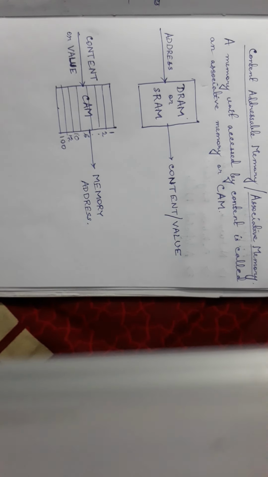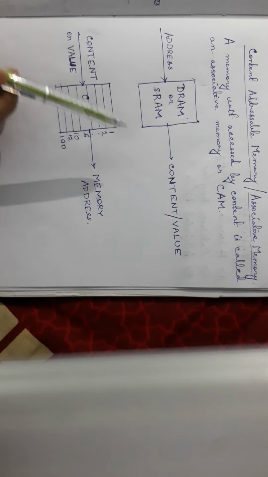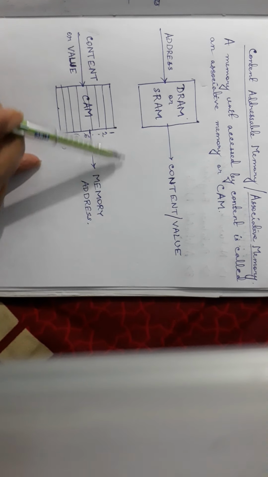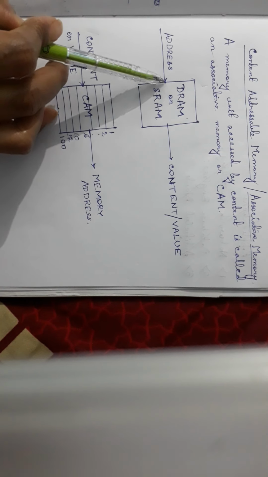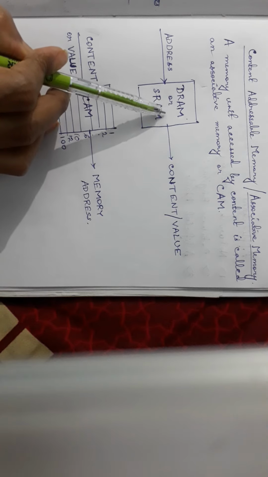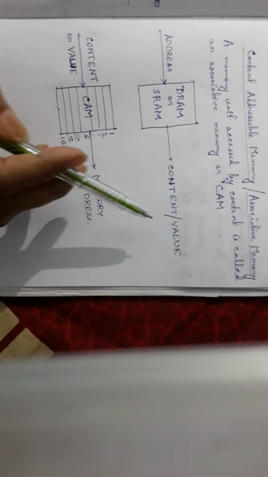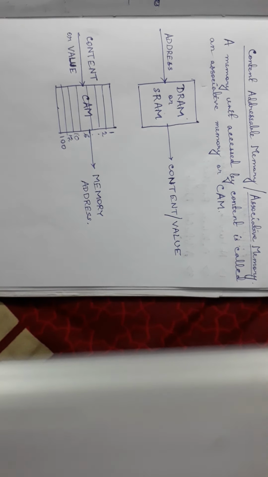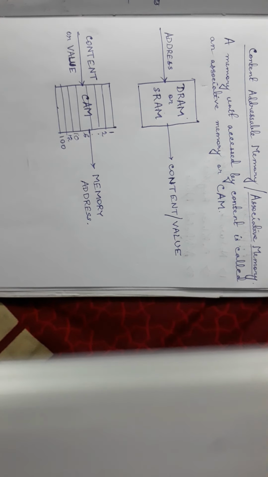And in case of RAM, the total procedure, that means the address is passed to the RAM and the data found at that address is retrieved, is performed in a number of cycles. But in case of CAM, only a single cycle is required to complete the whole procedure.